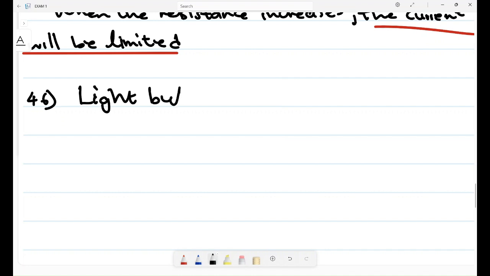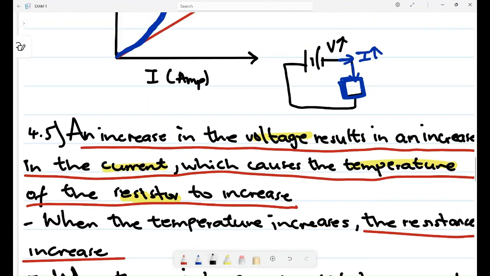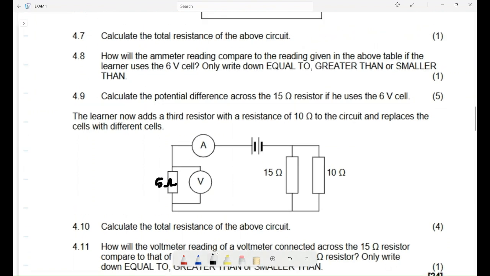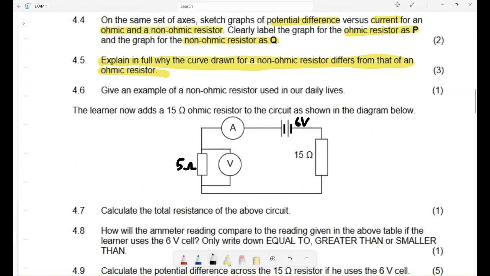Now 4.7 says to us, remember we calculated this resistor here as 5 ohms. From which question?